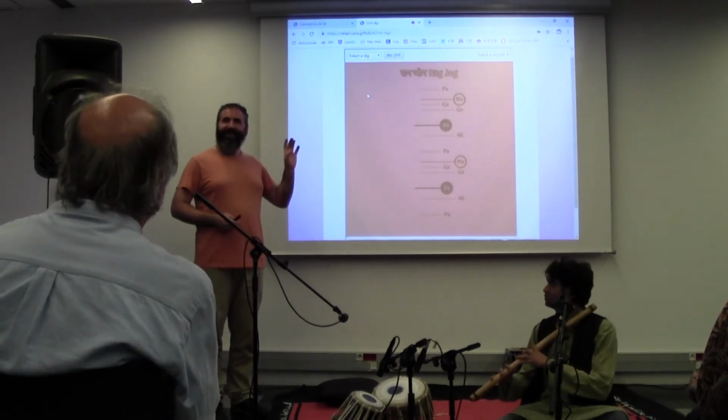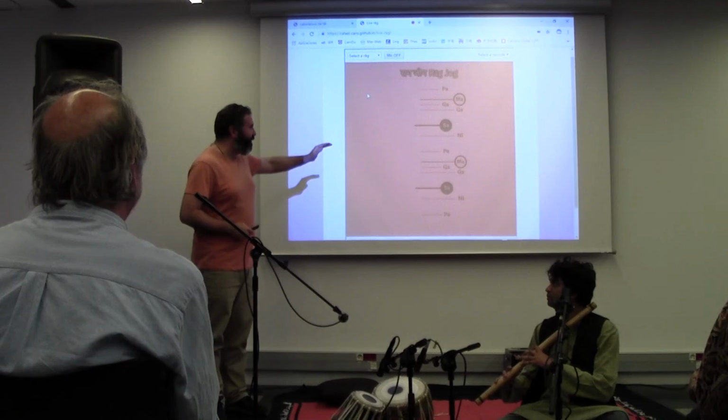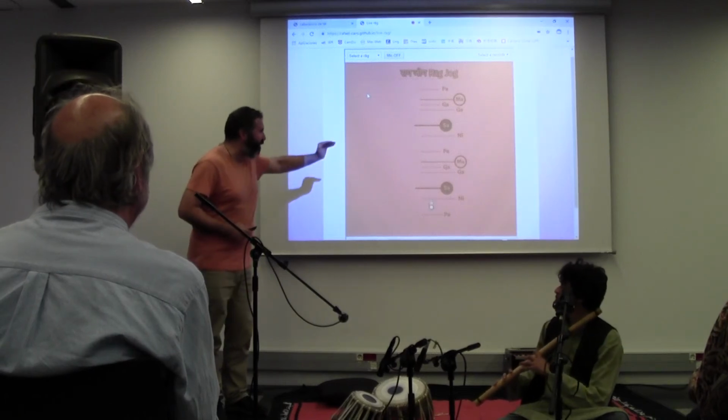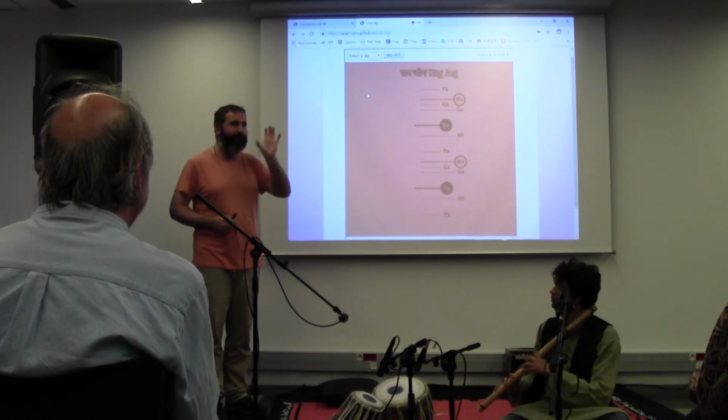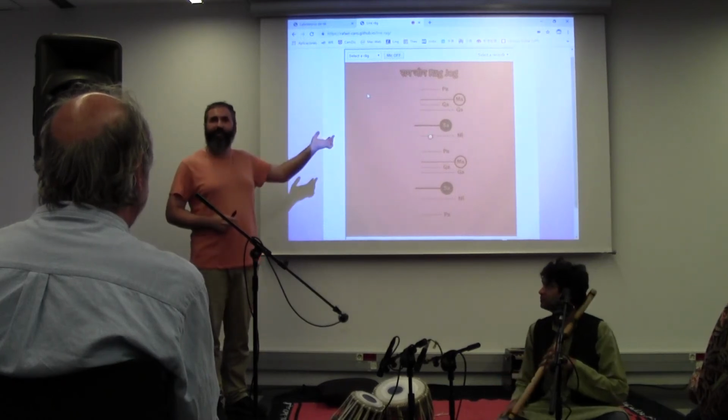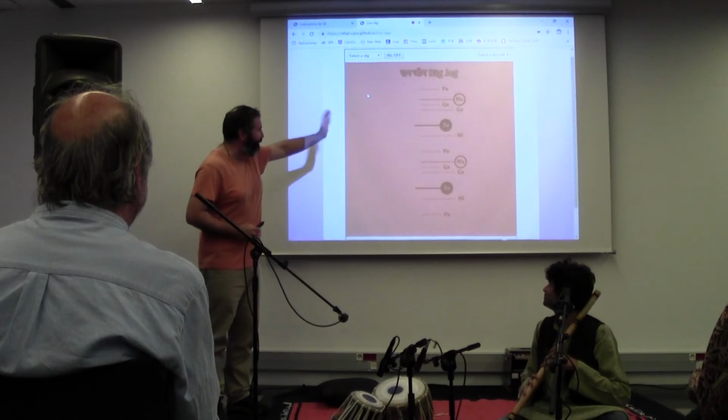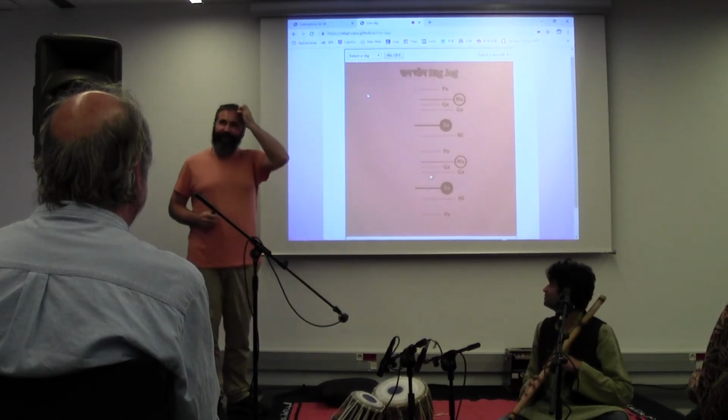Okay, so now the idea is not just to see the position of the swars. What is characteristic of the raga is how the melody moves between these swars. So try to see the movement, and this is what is characteristic of the raga.